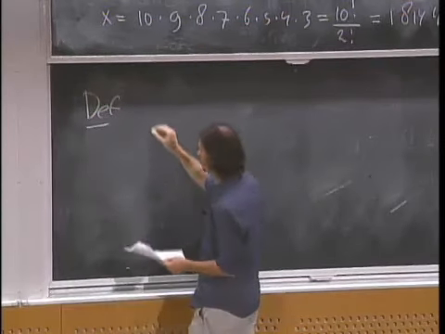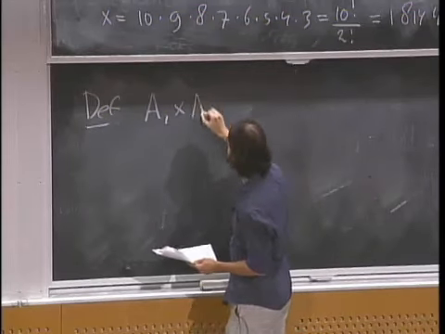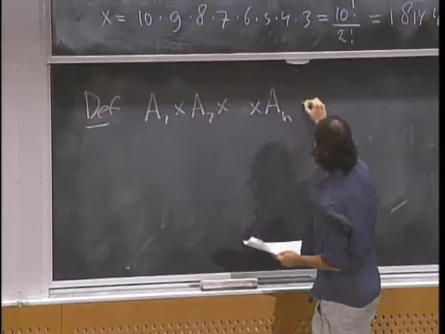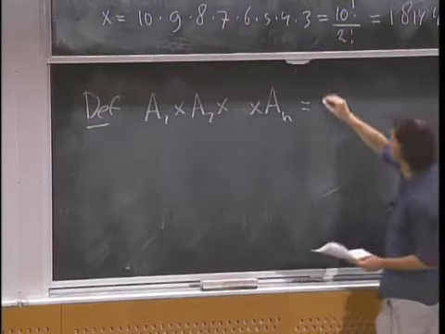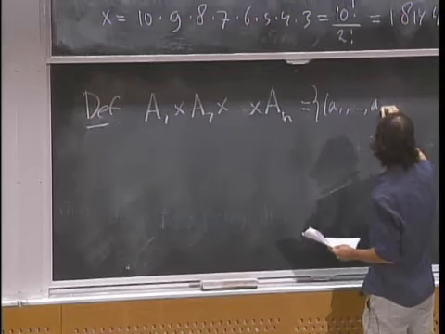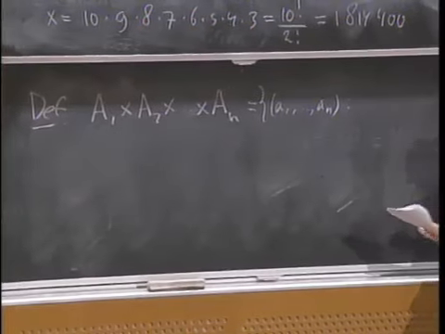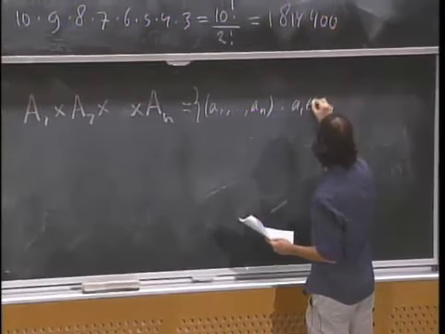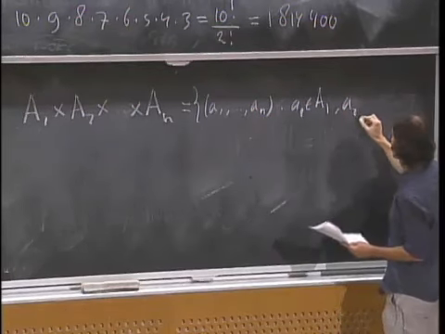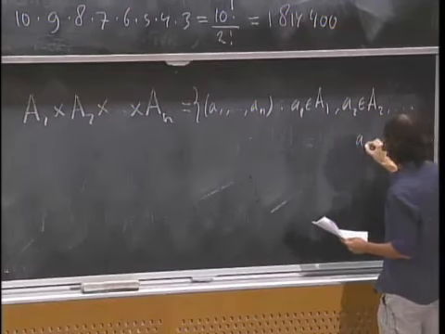The definition is that the product of a set A1 with A2 up to AN is equal to the set of sequences where the first entry is selected from the first set, the second entry is selected from the second set, and so on.